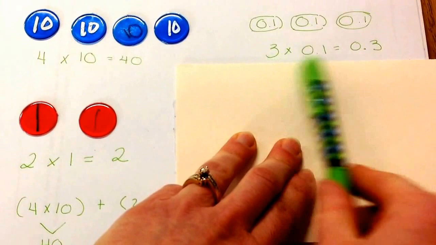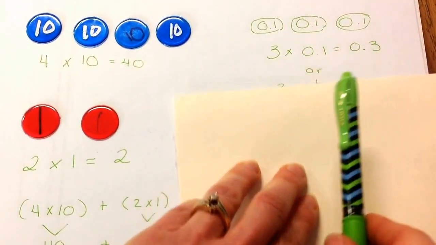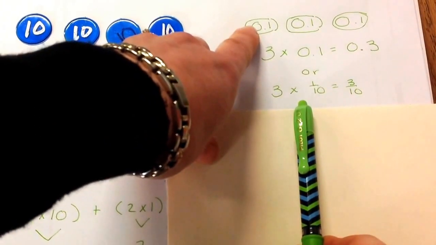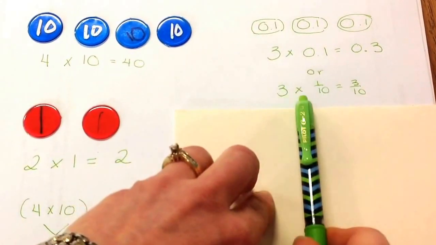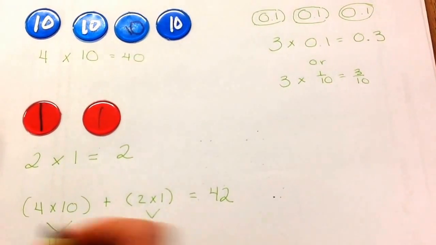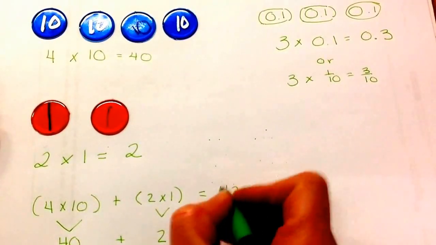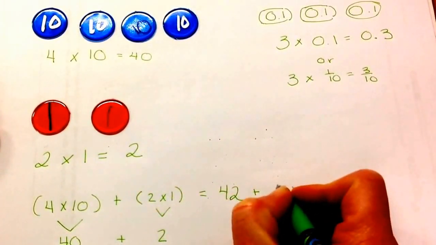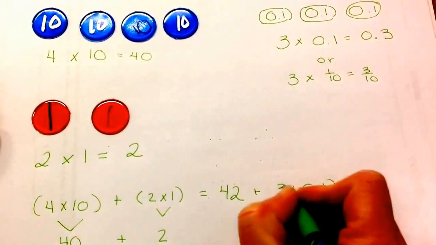If you had a hard time getting that, because it's the decimal, you could have also thought of it this way. 3 times 1/10 equals 3/10. So imagine that I wanted to add that on to this mess right here. So let's pretend that I added it on, plus 3 times 0.1.